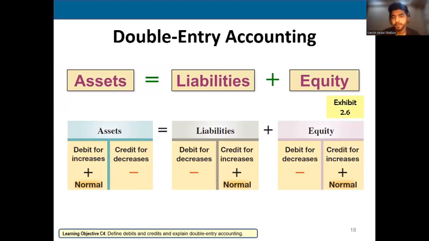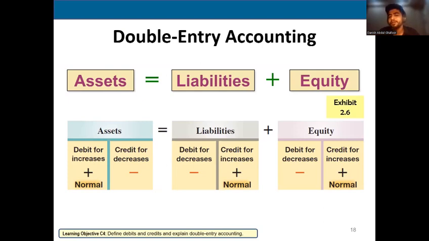As we discussed, the basic accounting equation is assets equal liabilities plus equity. For assets, whenever an asset increases, it goes on the debit side. So debit for increases, plus normal. Liabilities: credit for increases, plus normal.